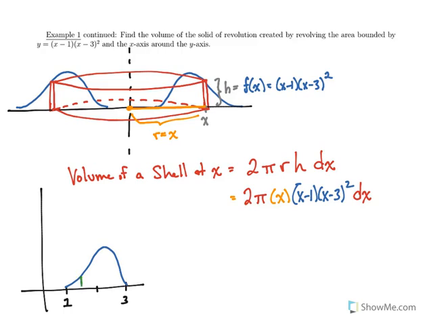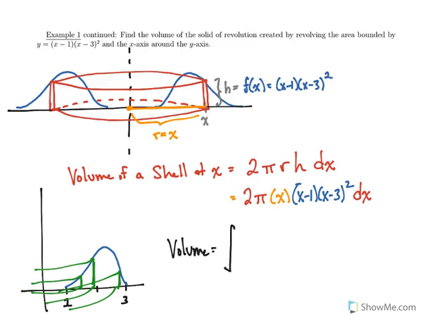We're going to have a shell associated with every single x value in between there. And that's going to give us our idea of this little cookie cutter kind of shape where we have these shells stacked into each other, and that's going to give us the volume of the entire region, the entire solid.